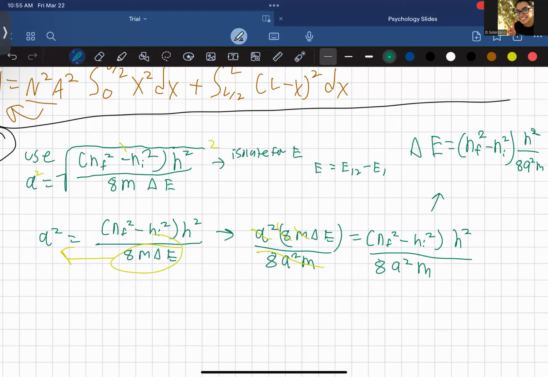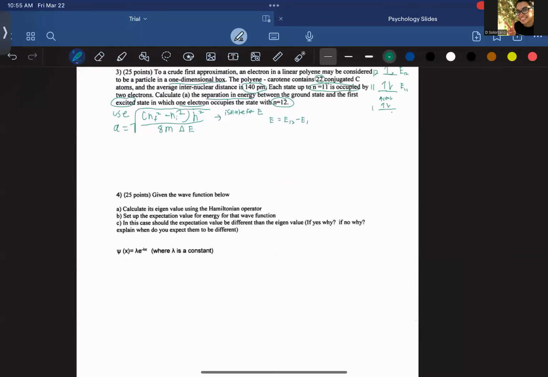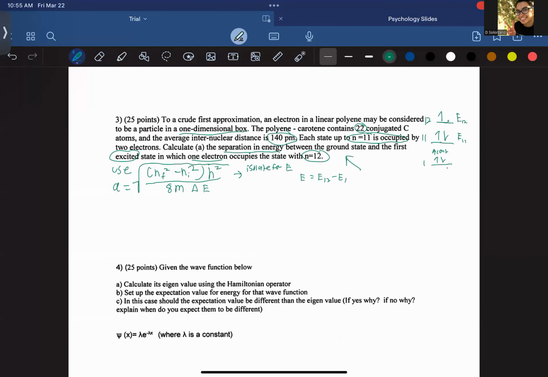Because then this is gonna be our final, which was our highest, which I believe was 12. Our high state, it was 12, so nf is equal to 12, and then our low state was 11, so ni is equal to 11.